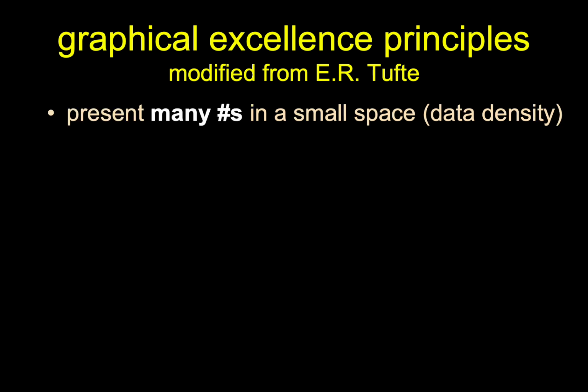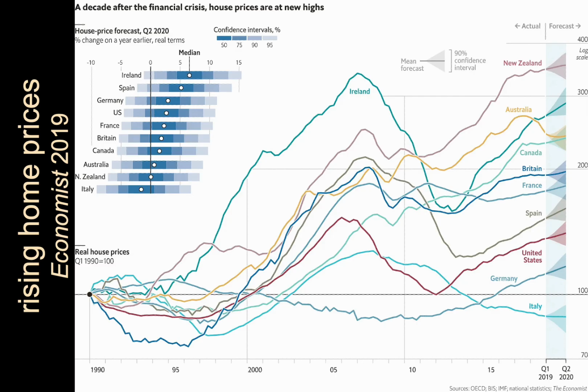Okay, cool. And then here's an example of that: present many numbers in a small space. So let's have a look at this. Everybody take a breath. Okay, a lot of stuff. So this is time on this axis, from back in the day, 1990 to 2020s.